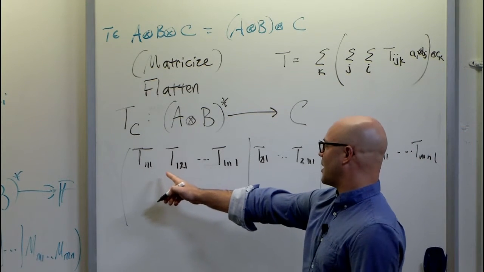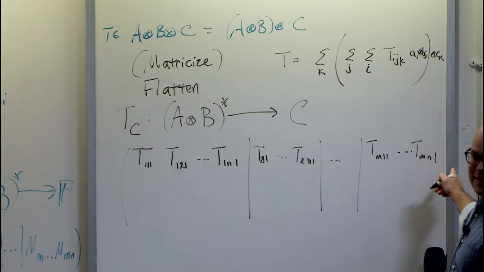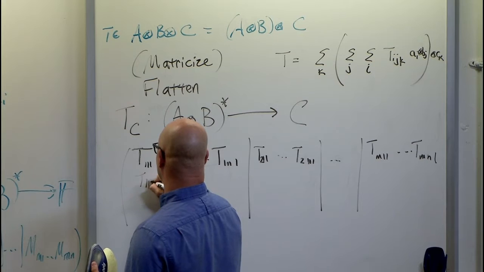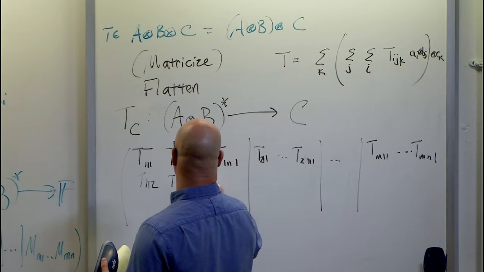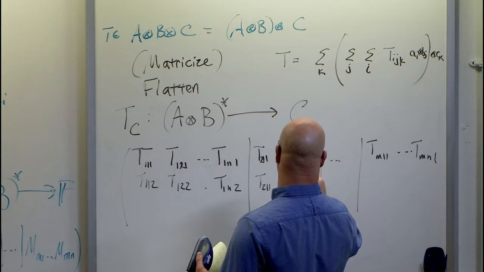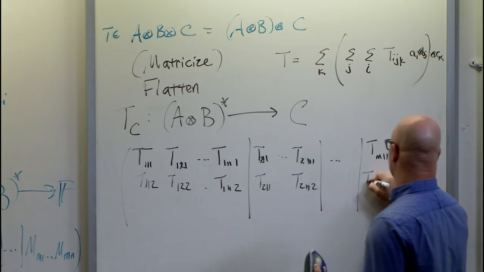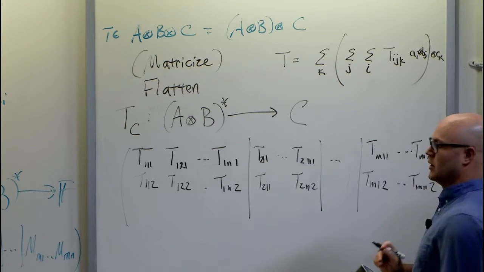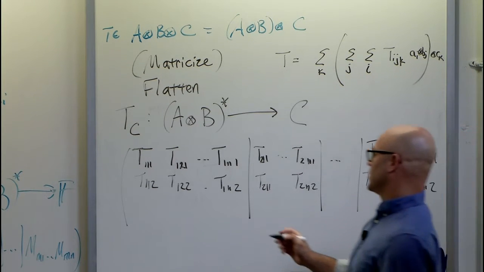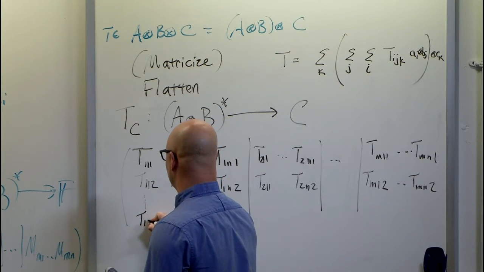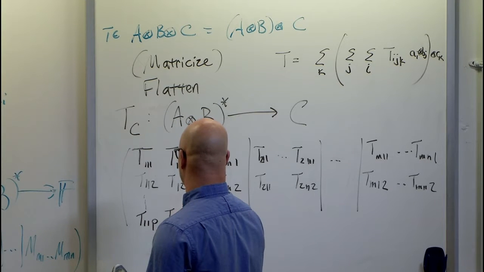What stayed constant in the first row is the last index. All right? The second row looks like this: T112, T122, T1n2, T212, T2n2, Tm12, Tmn2. That's what the second row looks like, and then so on, all the way down to the last entry, T11P, T12P.